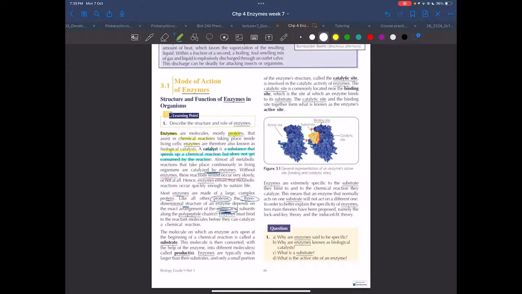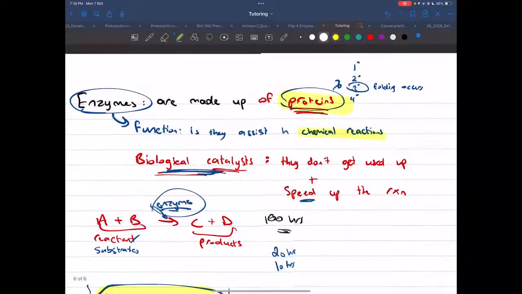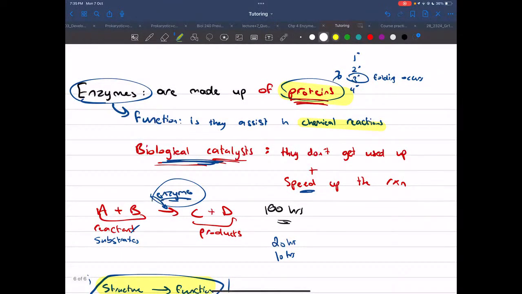Okay, so till now, what did we say? We said the enzymes are made up of proteins. Their function is they assist in chemical reactions. How do they assist in chemical reactions? They do that by speeding up the reaction. And an important thing about enzymes is that they do not get used up, so they do not get consumed by the reaction. That's why we call them biological catalysts.